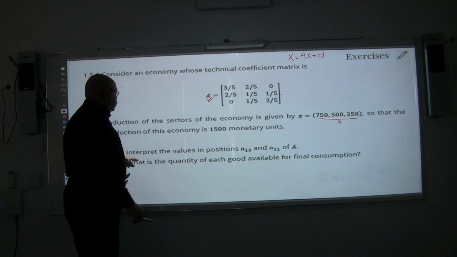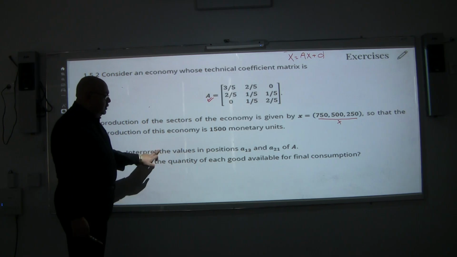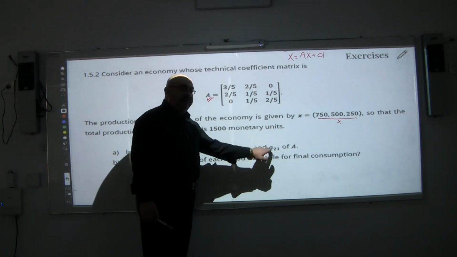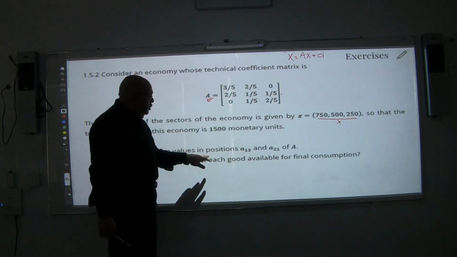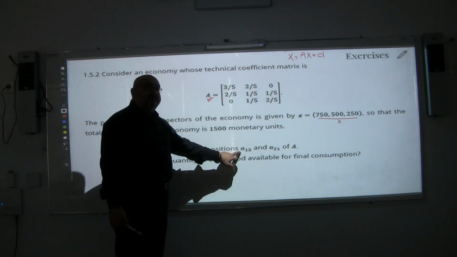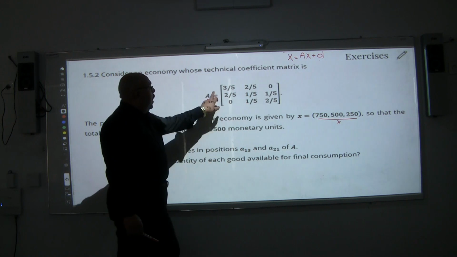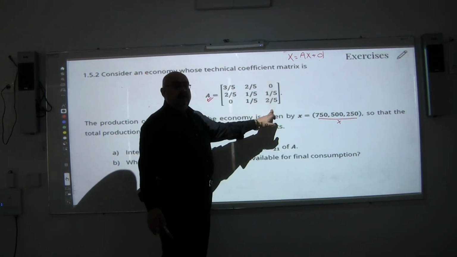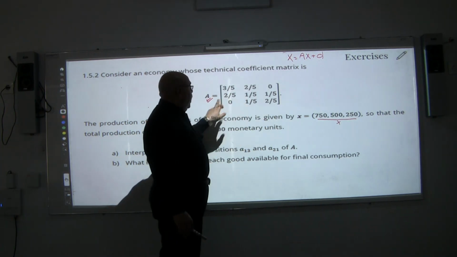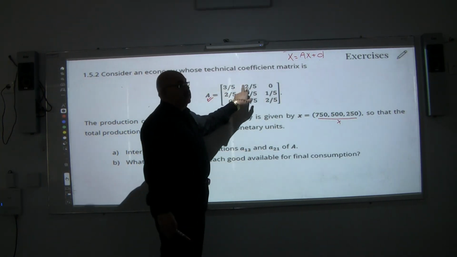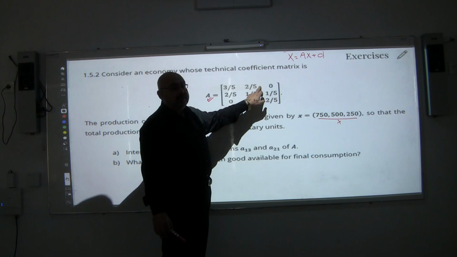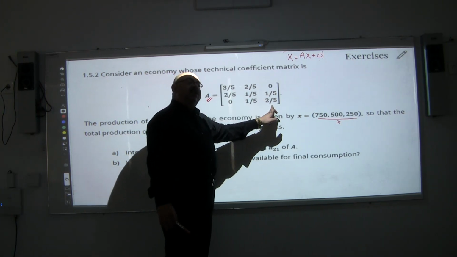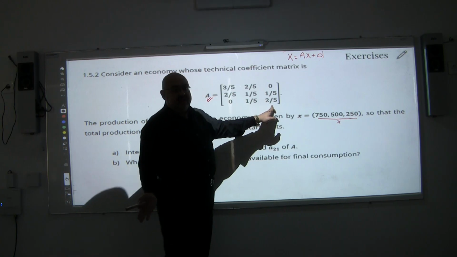He's asking you to interpret the values in positions A13 and A21 of A. What's the interpretation of the value 13? The 1 is the first sector, and the number 3 is the third sector.